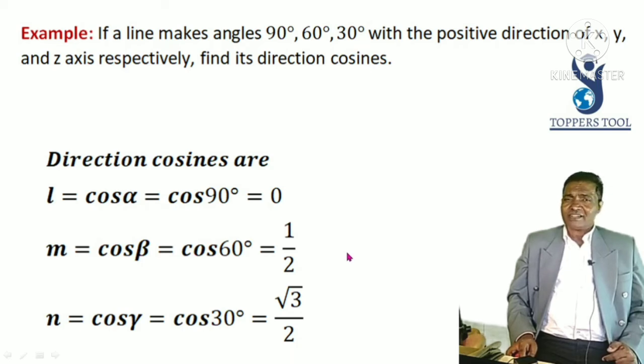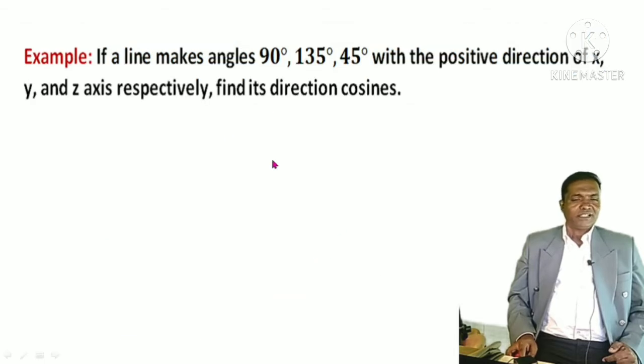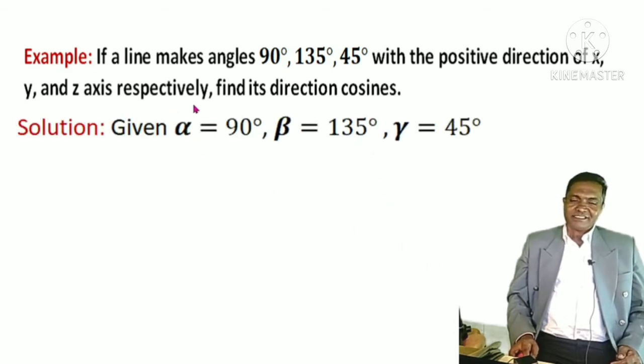So let's have one more example here. If a line makes 90 degrees, 135 degrees, 45 degrees with the positive direction of x, y and z axis respectively, find its direction cosines. So given, this is alpha, this is your beta and this is your gamma.